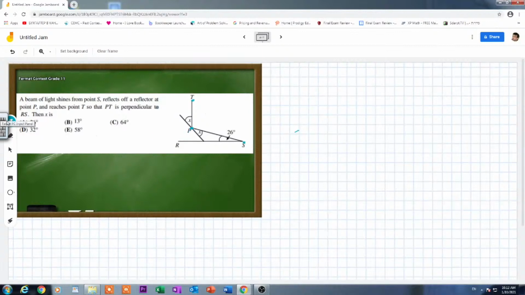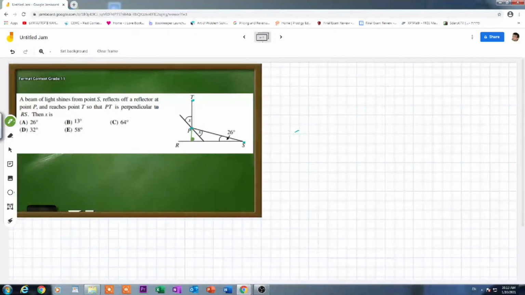So we know that TP is perpendicular to RS. Okay, so we need to find X.